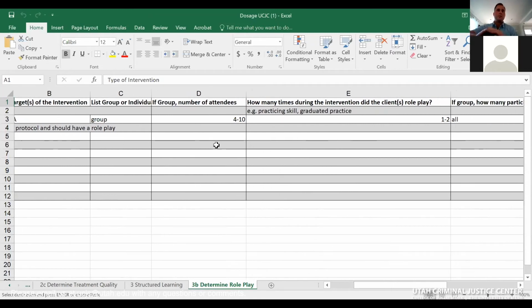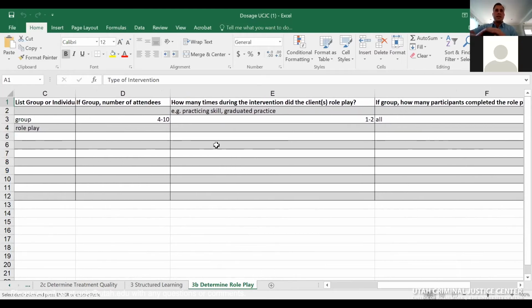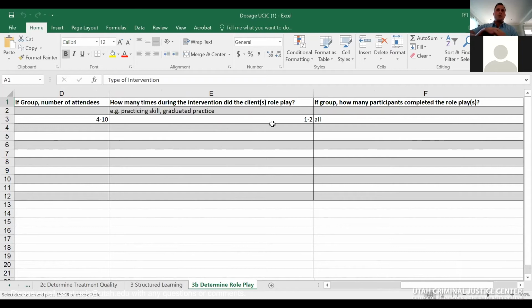And some of this information can be obtained from the previous slide on treatment quality, the number of attendees. But the new information here is how many times during the intervention did the client role play. So it's getting a little more specific in terms of what that specific curriculum or intervention is designed to do.